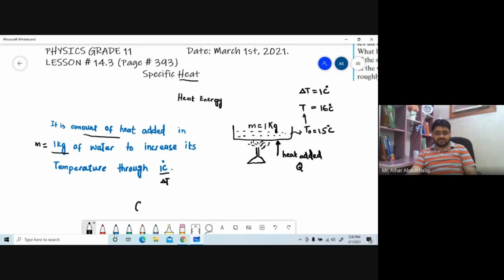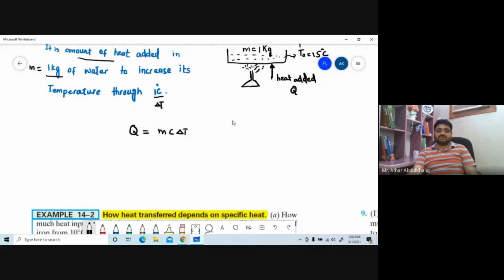Mathematically, I use the expression Q equals m c delta T. When I say that m is equal to 1 kg and delta T is 1 degree Celsius, this c is called specific heat.